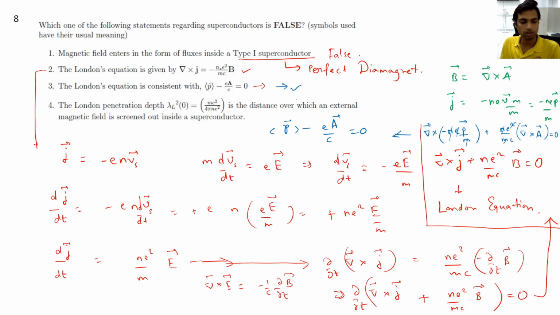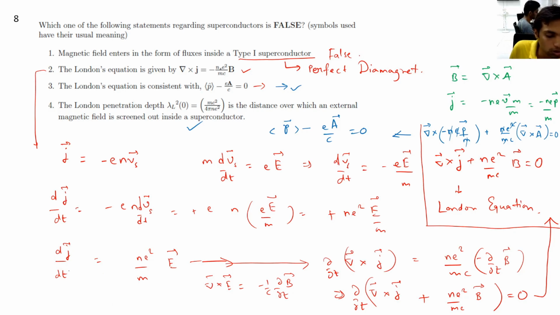So this statement is correct, and you can find the London penetration depth. Lambda L square is the distance over which the external magnetic field is screened out inside. Yeah, so this statement is also correct. To see that, you have to use Ampere's law.